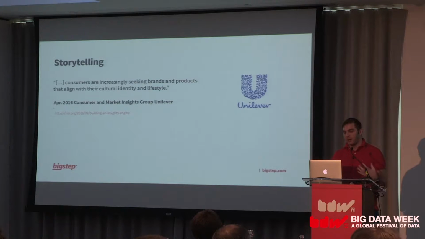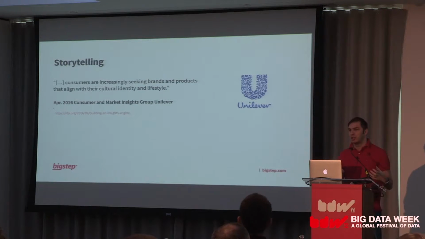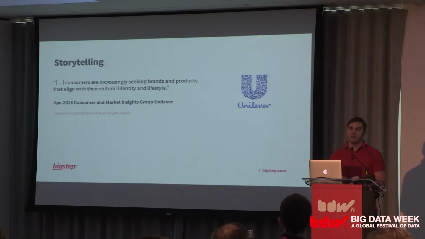It is about the fact that consumers are now focusing on local brands, and they tie their identity with the identity of the brands that they're consuming. So Unilever is now shifting their strategy to promote local brands rather than global Coca-Cola level brands. This is the sort of story that this group has to be able to tell executives, right?